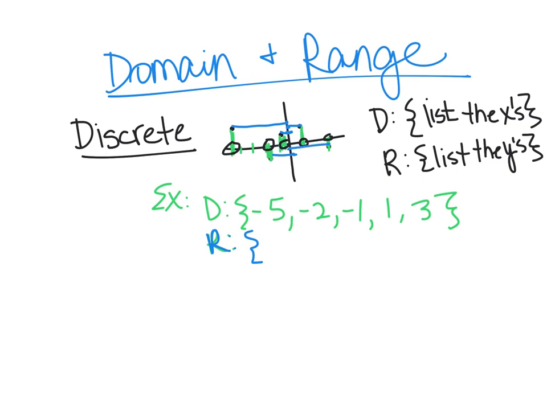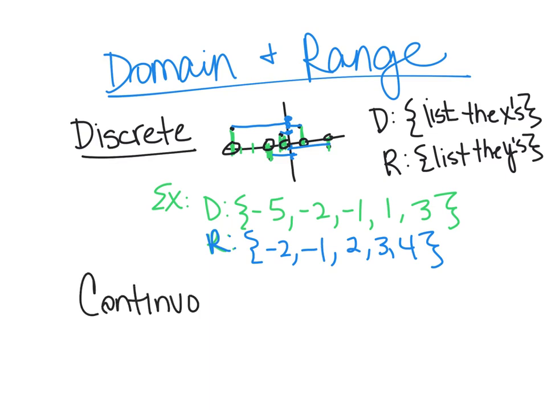So we're going to start with the lowest, so say that's -2 and -1, then 2, 3, and 4. So these values here are the ones that I used for the range, and I just listed them with commas.